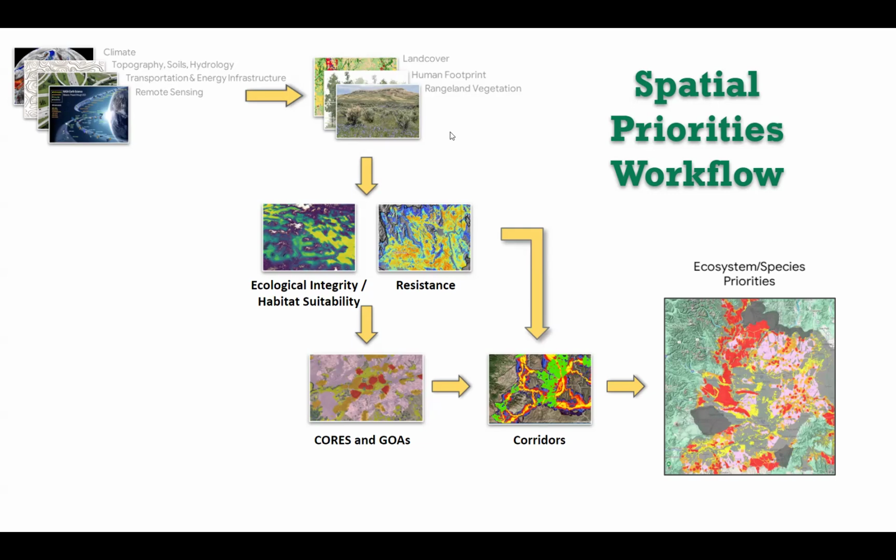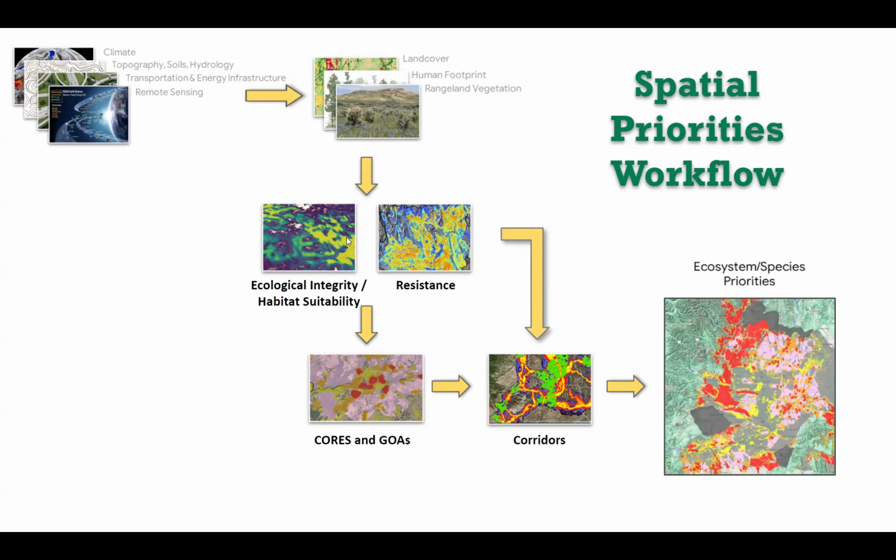So for each of these three targets, two ecosystems and sage grouse, we use these base data sets to map the integrity or the quality of the habitat for the target and the resistance to movement for the target. So think of how sage grouse are going to disperse across the landscape, or how the dry or wet ecosystem species are going to move through the landscape. We had a resistance model that quantified rates of movement.